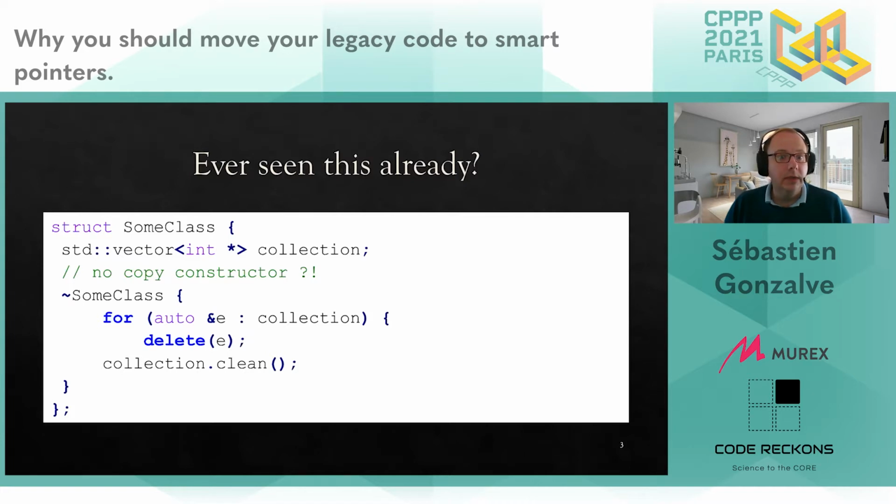How do we know that it works correctly, especially because there is no copy constructor? We have some urge to transform this code, to at least fix it, but is that still a good idea to fix it?